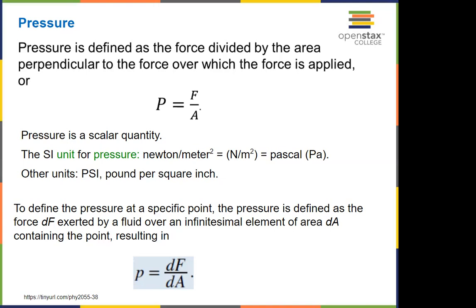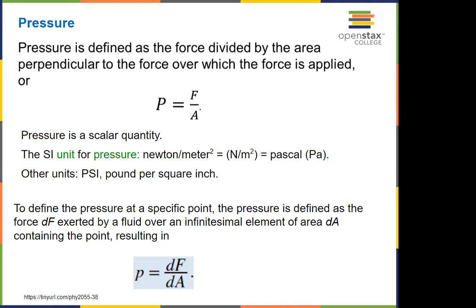Other units you may hear often are PSI, which stands for pounds per square inch, and ATM, the atmospheric pressure. Also in chemistry, you may often hear millimeters of mercury. So there are different units involved.